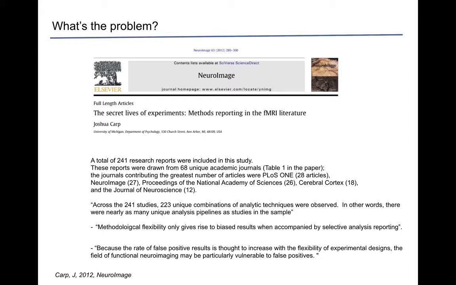This is probably not a good thing, because that much flexibility sometimes makes it difficult to reproduce the results, and also gives rise to false positives.